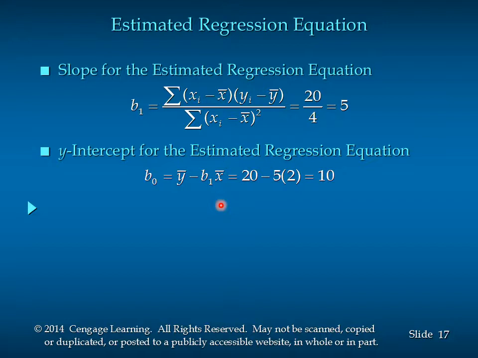So now, if you know that B sub 1, which is your slope, is 5, and you know that B sub 0, which is your Y-intercept, is 10, and you plug it into the old Y equals A plus mx, what's the formula for that line?